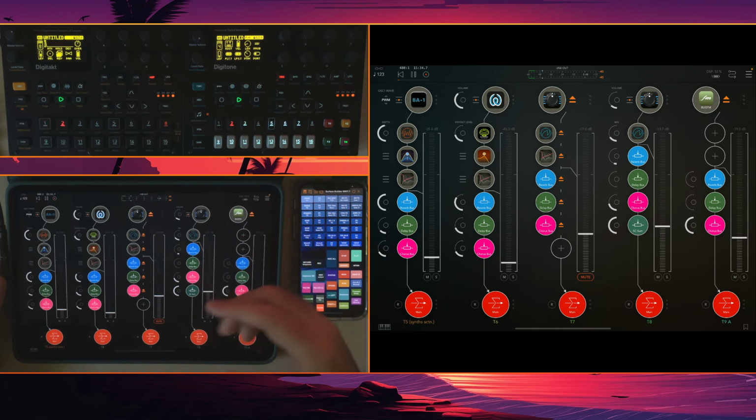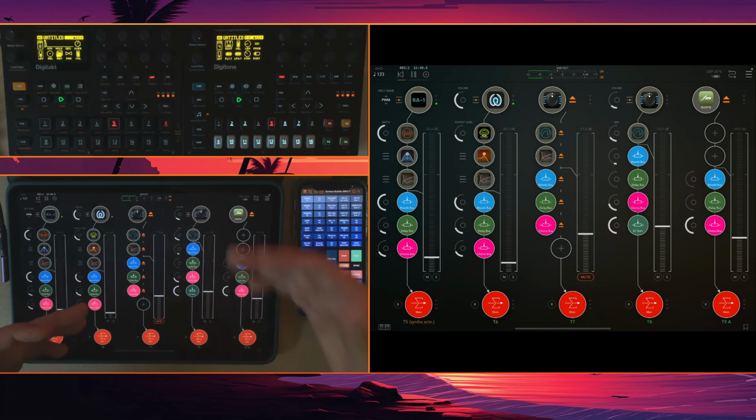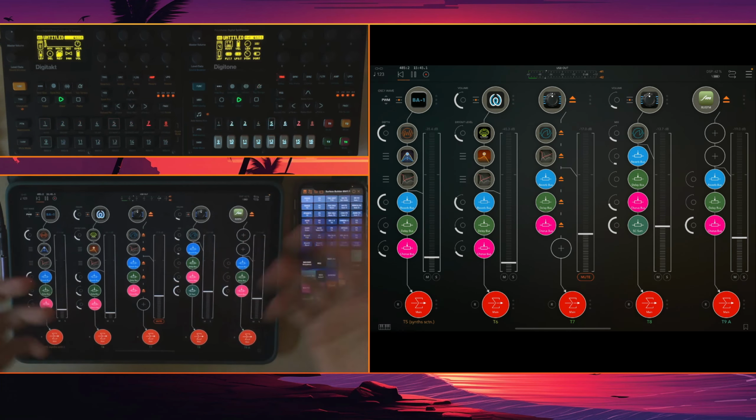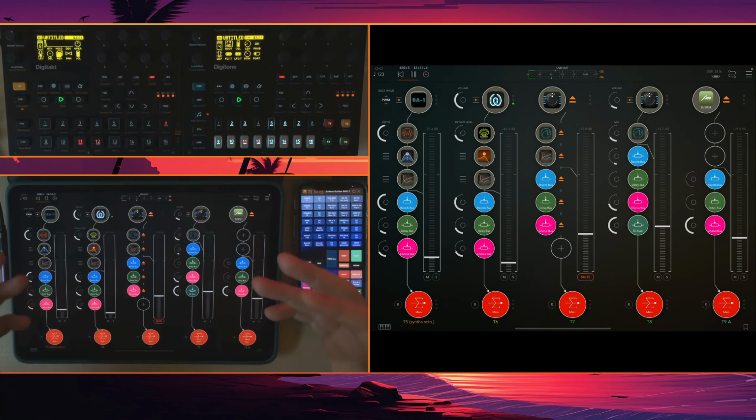Electron has already managed to achieve this to a very significant extent with their Digitakt, even though there's still significant room for improvement in terms of audio routing flexibility between the iPad and the Electron boxes that are class-compliant audio interfaces.